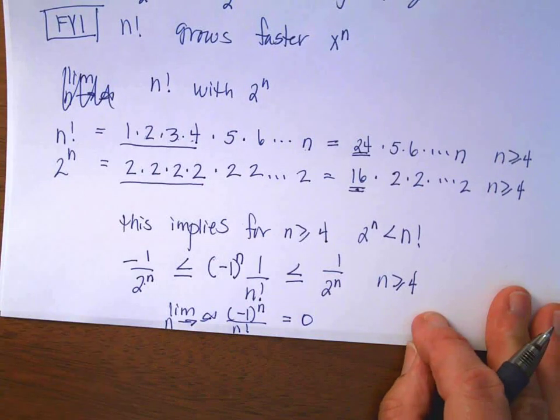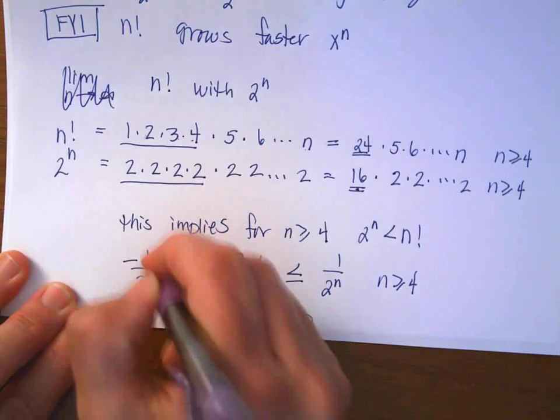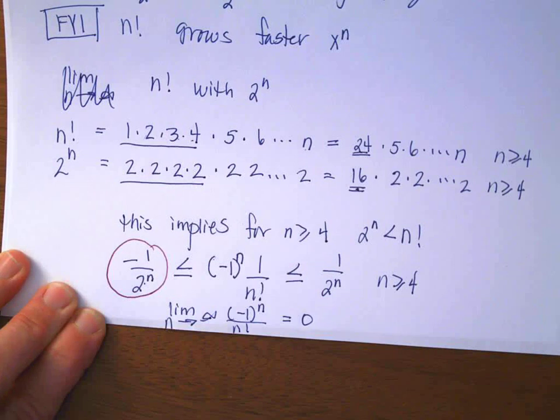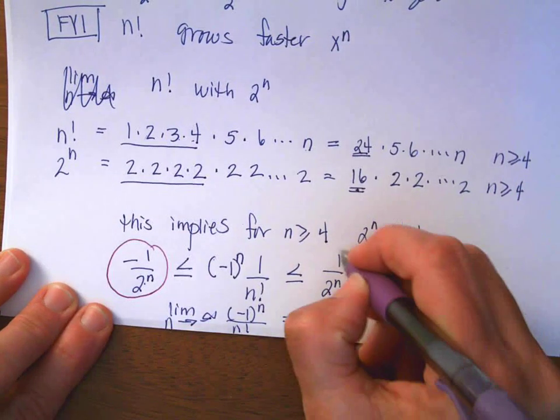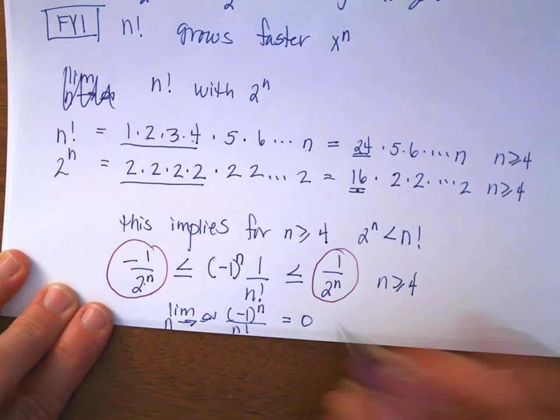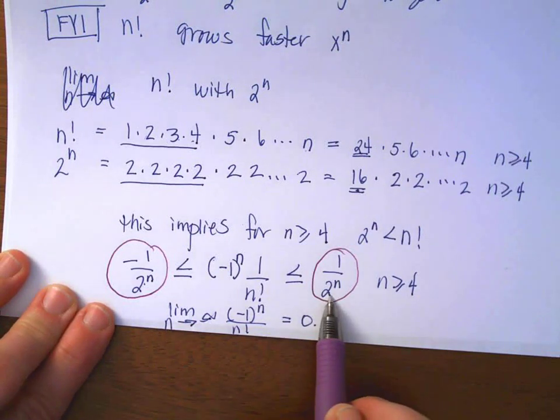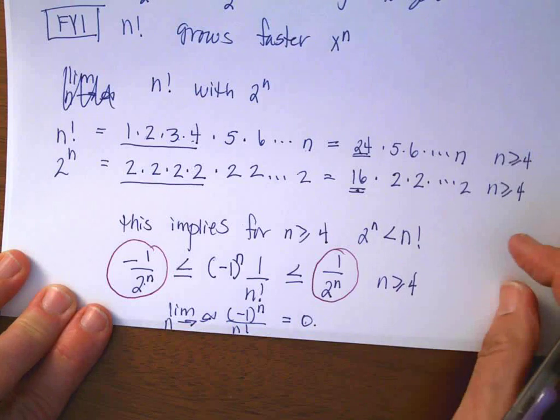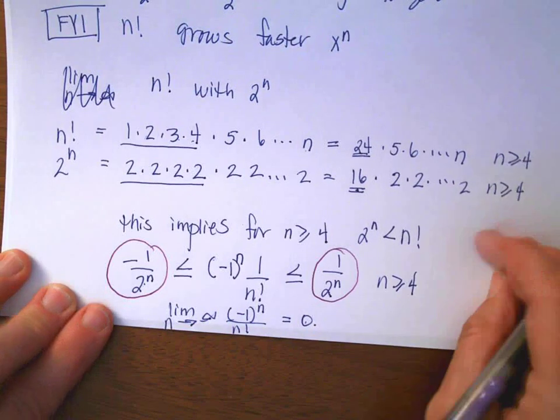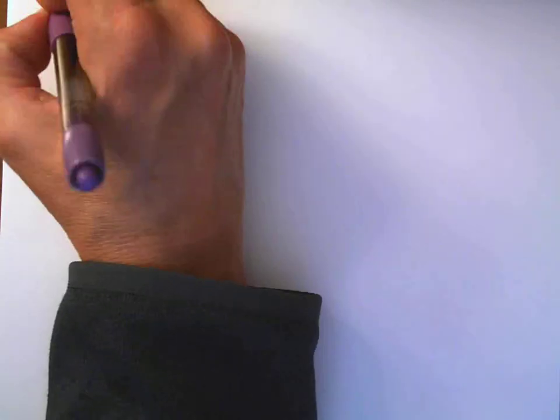Okay? So there we go. And then I also want to talk about another thing about what we've done. Notice this statement right here. I have a negative of an expression, and I have a positive of an expression. Since those are converging to 0, a negative and a positive of the same expression converging to 0 actually talks about the absolute value, because it would take away the oscillation.